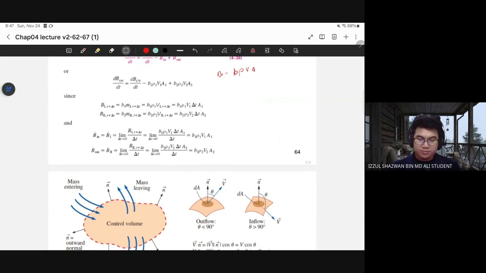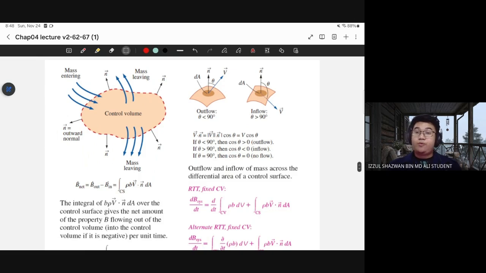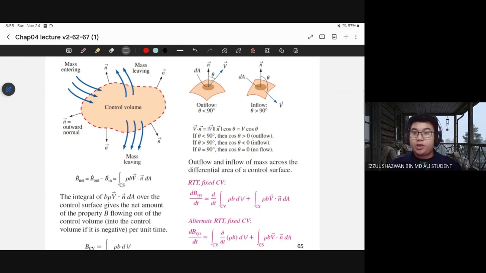That is what we get if we take the control volume and system to be the same size. Next, we will look at RTT when derived by control volume.